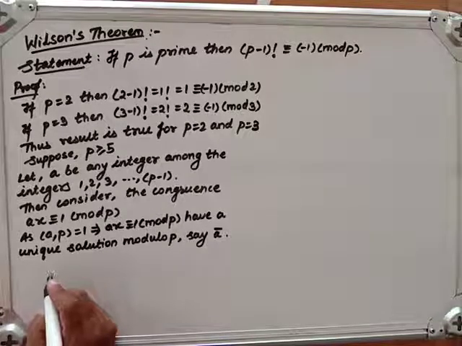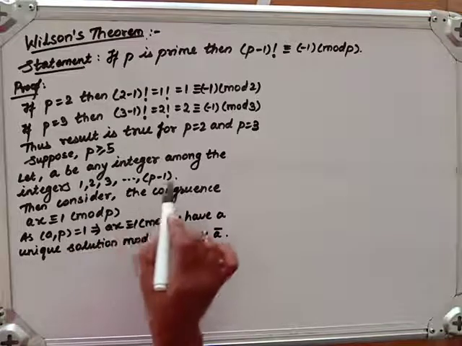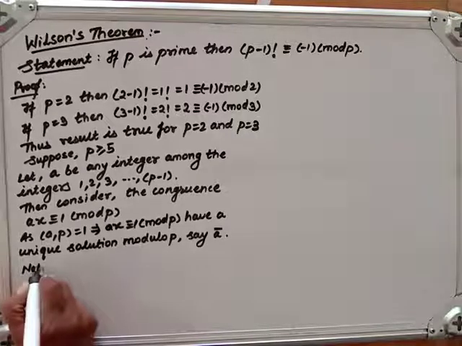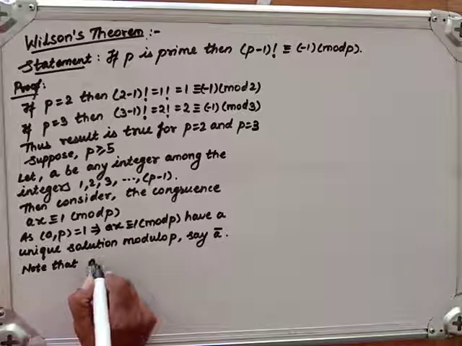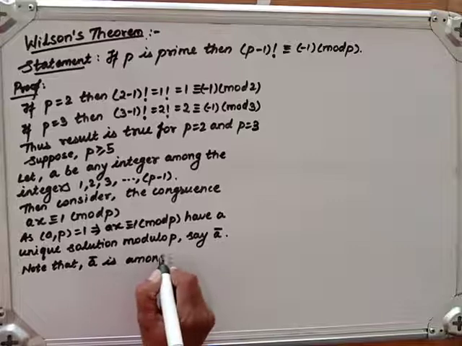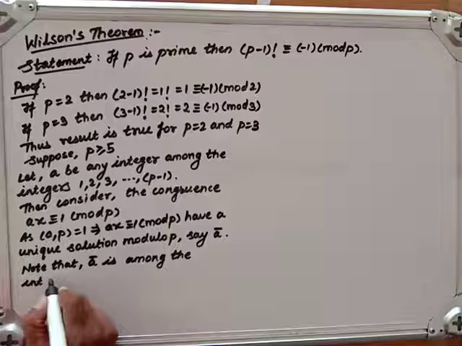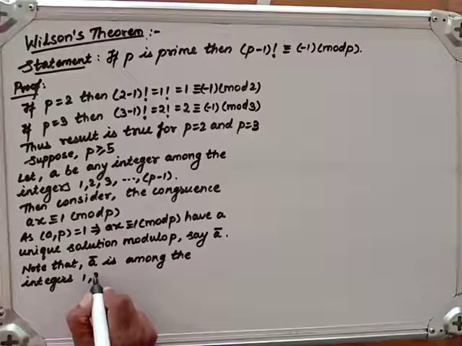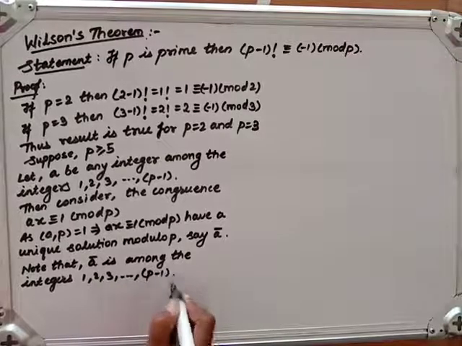If A bar is the solution of it, then obviously that A bar is any one of these. Here we should note that A bar is among the integers 1, 2, 3, so on up to, obviously, P minus 1.